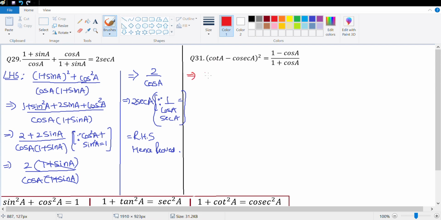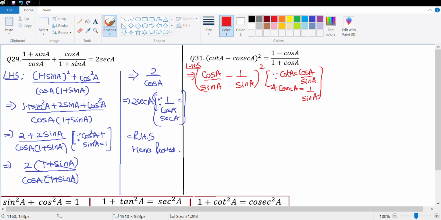So cot would become cos A upon sin A, and cosec A would become 1 upon sin A. This is whole square. I started working with the left hand side. The reason being, since cot A is equal to cos A upon sin A and cosec A is equal to 1 upon sin A. That's the reason.